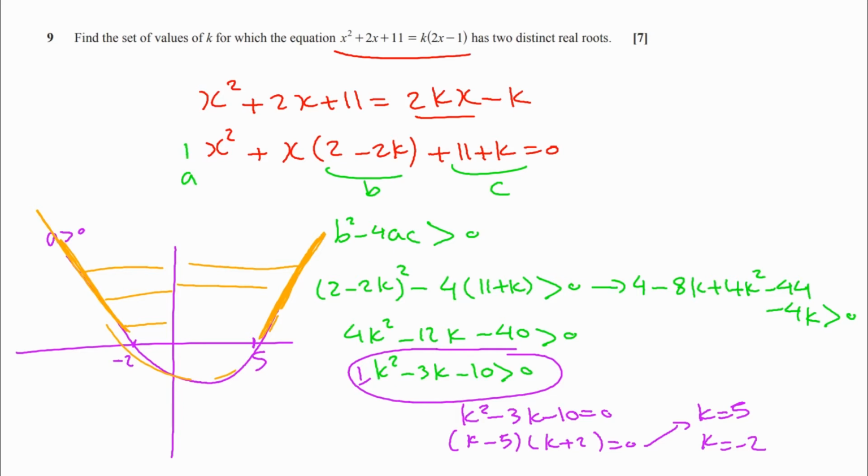On the other hand, this section is negative, because any point on that section has a negative y. Because we want larger than 0, the positive side is important for us, so basically the final answer would be k has to be larger than 5, or k has to be less than minus 2. And it has to be strictly larger or less, not equal, because we have just larger. We shouldn't use 'or equal' here. So that would be the answer for this question.